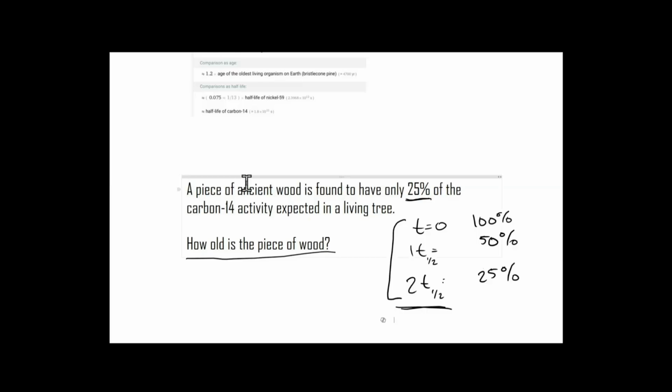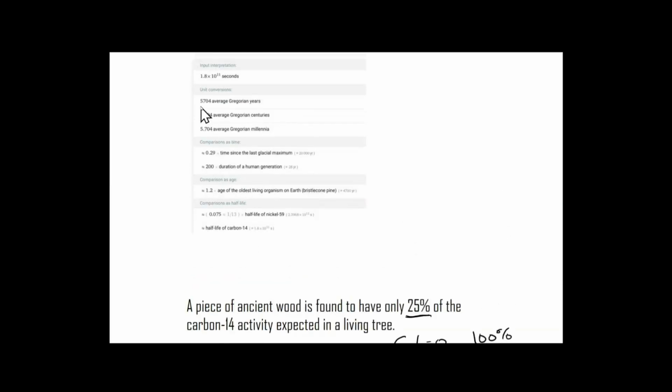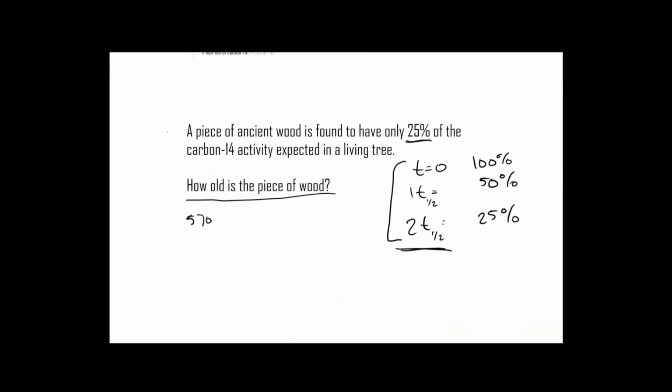And we know that carbon-14 has a half-life of 5,704 years. I think this is not quite right. I think it's a little tiny bit more than that. I think it's 3,730 something. So that's rounded a little bit. Okay, so our piece of wood is going to be twice as old as that.